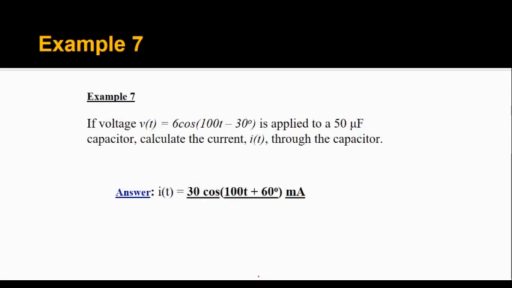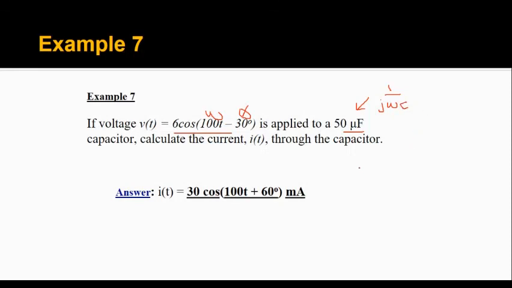This is example 7. You are given the voltage 6 cos 100t, where 100 is your omega, and this is your phase angle. You apply a 50 microfarad capacitor; calculate the current through the capacitor. First of all, you change this into 1 over j omega C. That's what you need to do.